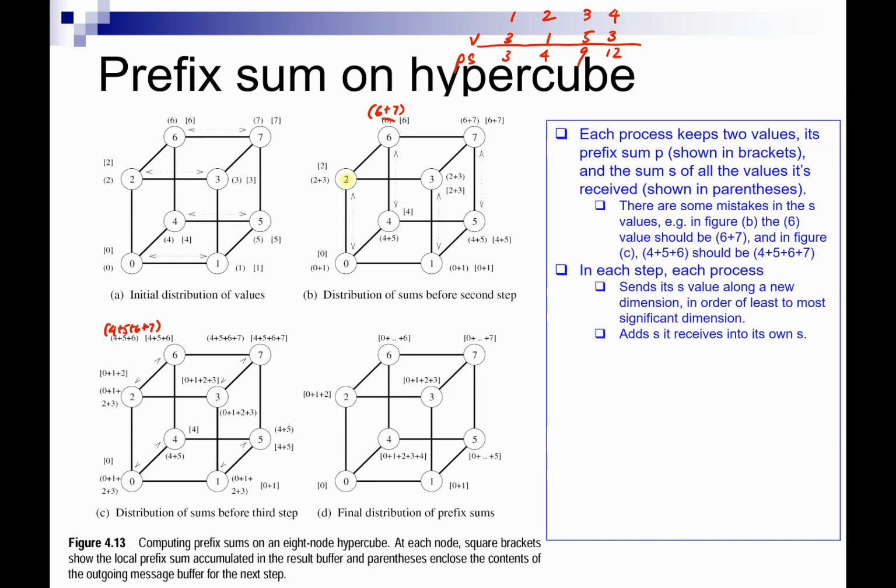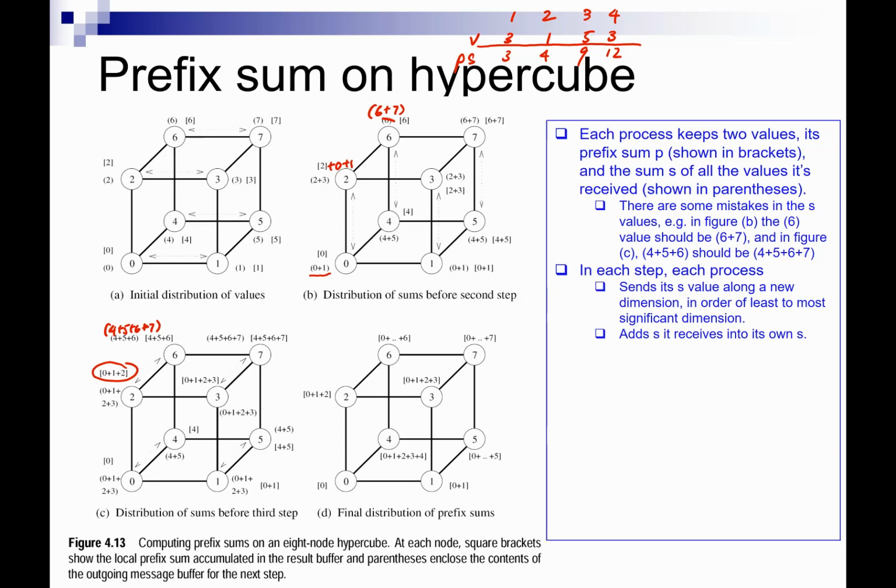As an example, when 2 gets a message from 0, the value it gets from 0 is going to be the sum of processes with lower IDs than 2. So 2 is going to take its current prefix sum and then add 0 and 1 to this. Okay, and then it's going to end up with this prefix sum over here.